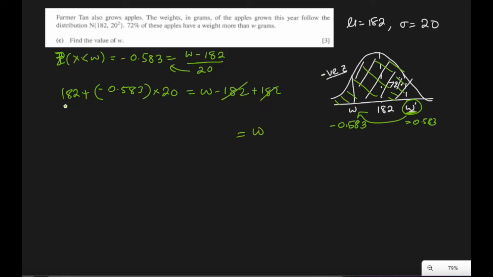And now we'll put this in our calculator and we'll get our answer. 182 plus minus 20 times 0.583. We get 170.34. So value of W is this, and we rounded it off to 170 grams.